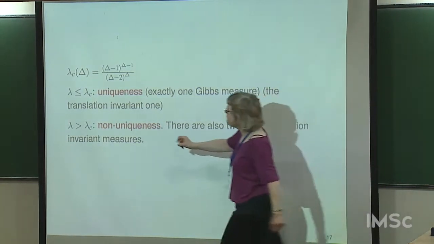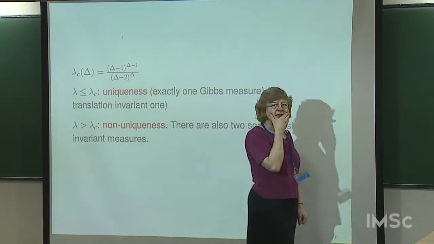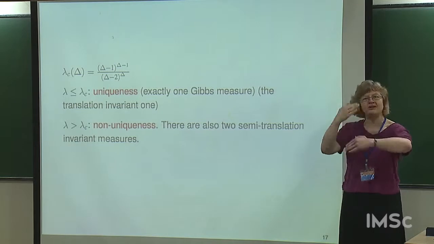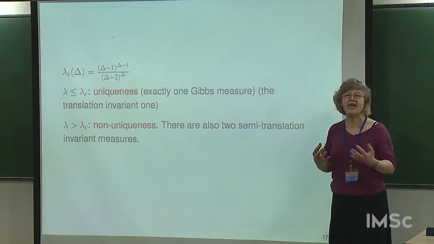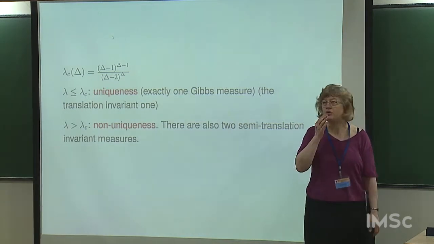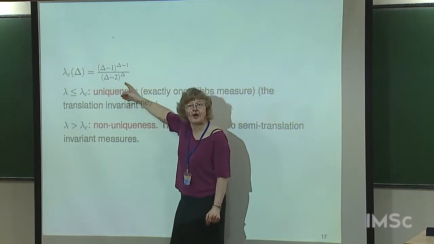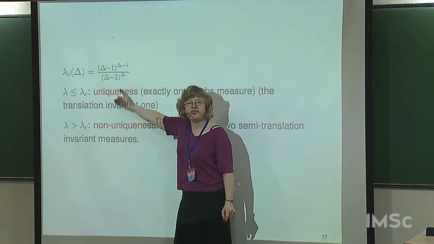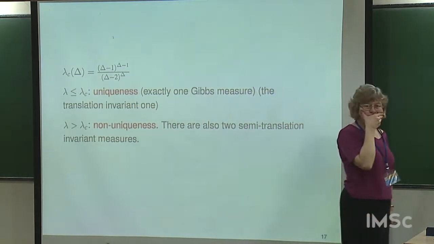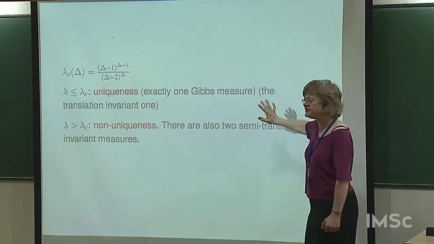But if lambda is bigger than lambda c, then these two semi-translation invariant distributions also exist, and that's called non-uniqueness. So that's how the world works for the hardcore model on the tree: there is this threshold, and you go from the one Gibbs measure to that.